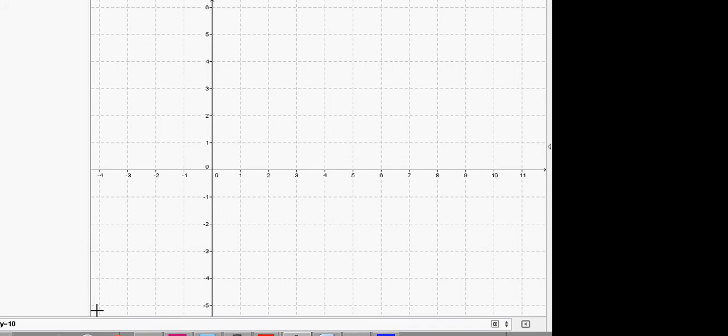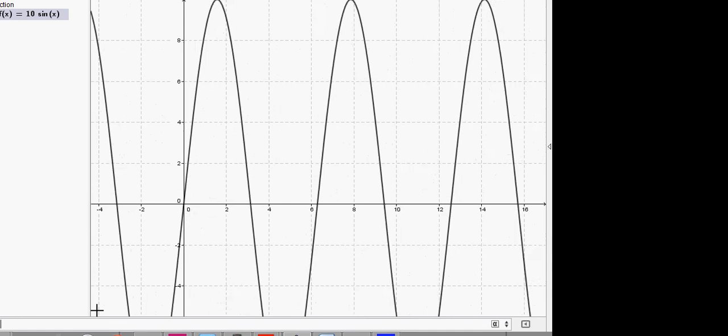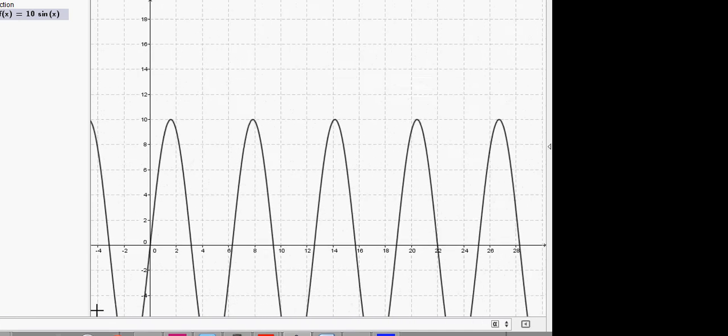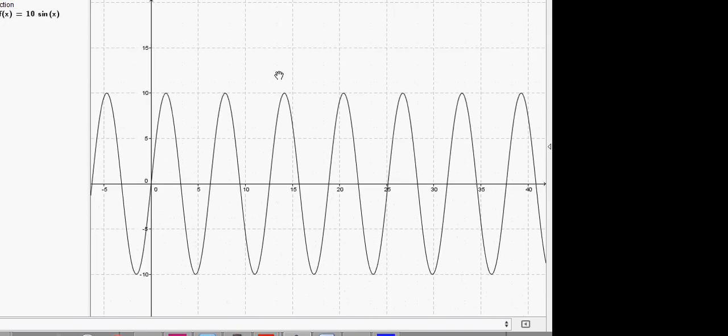So here's a graph of y equals 10 sin x, okay? Now what we can see from 10 sine x, and we need to zoom out quite a decent amount. Okay guys, we can see from y equals 10 sine x that it has a period of 10, but we can see the gap in the range. Now what happens when we double the angle?